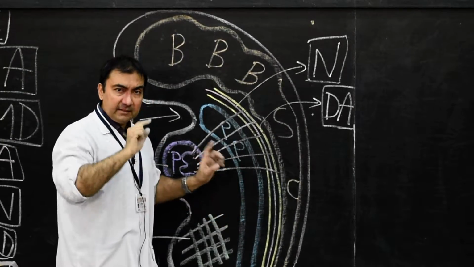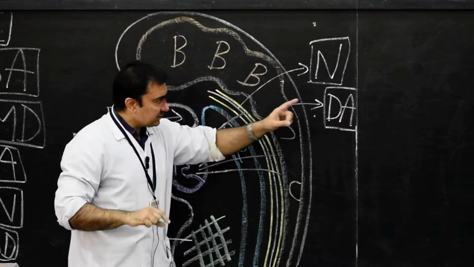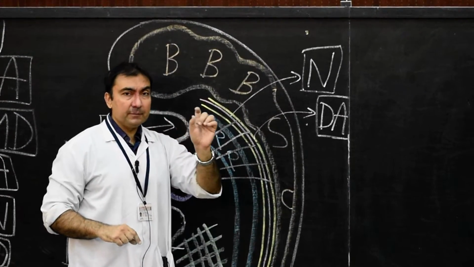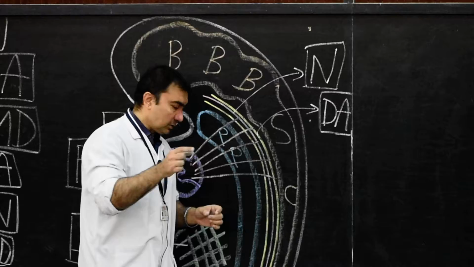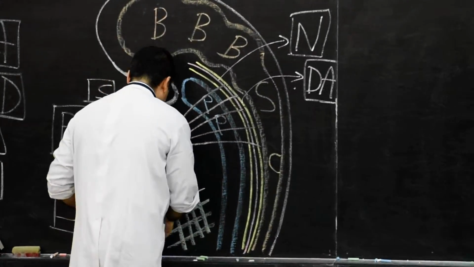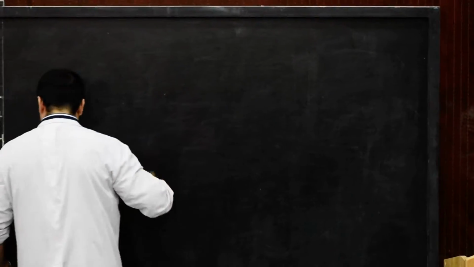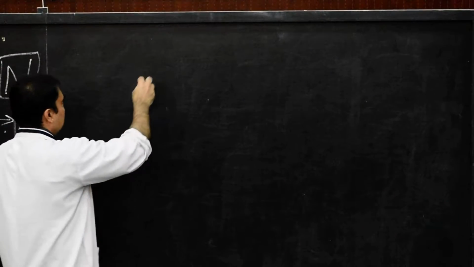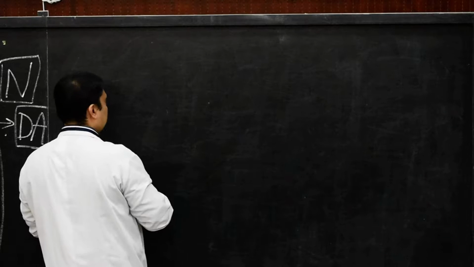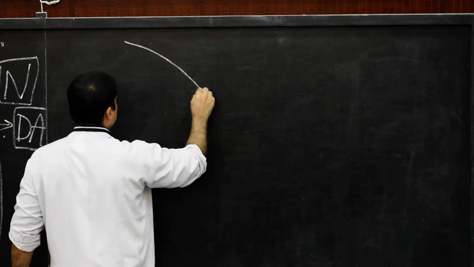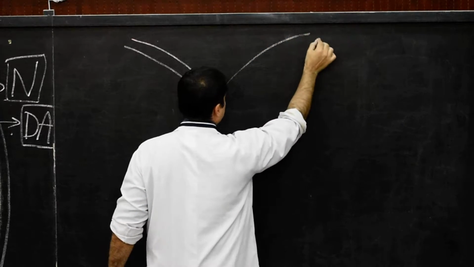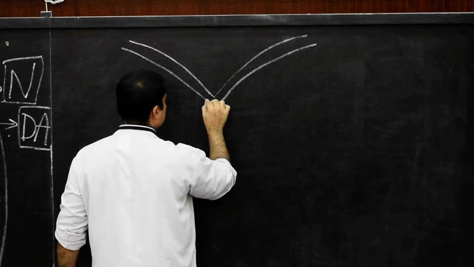Now, after writing this first point, we focus on the names of the arteries which will develop in these pharyngeal arches. Let me first draw here on this side. This will be the first pharyngeal arch artery.